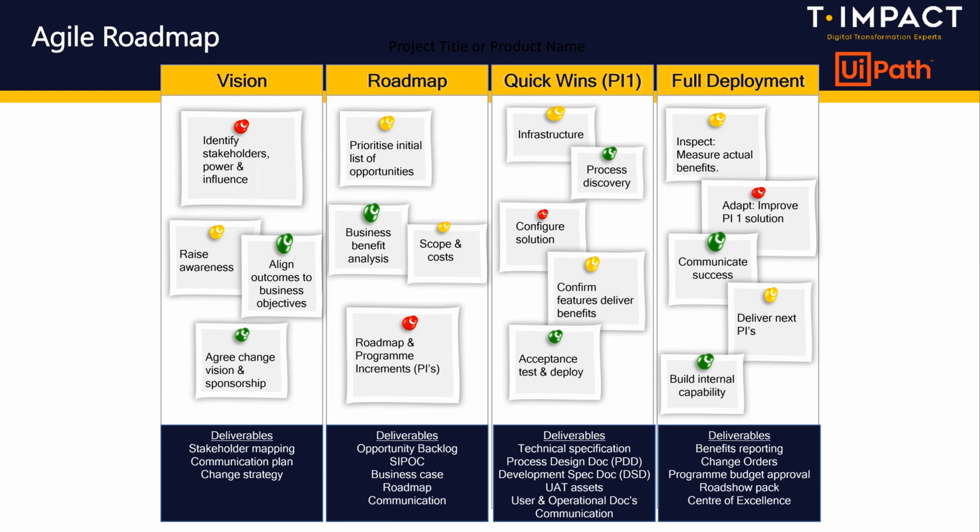Communicating success. Quite often, by the time you get to full deployment, you've done your quick win, you've won people over. You think, hey, our change program's underway. I've got everybody on board. But you're going to be continually challenged, because there's going to be other initiatives and other priorities coming up and changes to the business on a day-by-day basis.